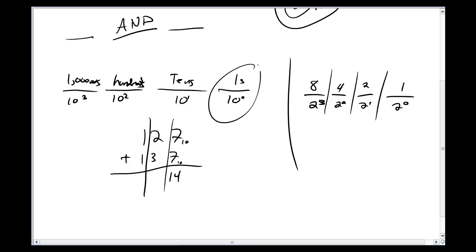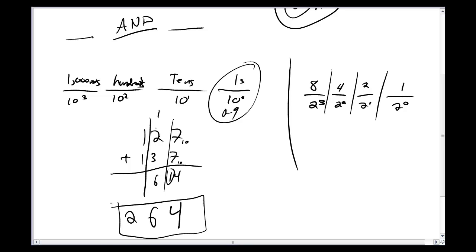And 14 is bigger than the 0 through 9 options that I can put in this first column. So I keep the 4, and I grab this 1 and pop it over to the other side. Then I do 3 plus 3 plus 1, which gives me a 7. That's a perfectly fine thing to have in this place, so I carry it down. And then I do 1 plus 1, and that gives me 2. So 127 plus 137 would give me 264.